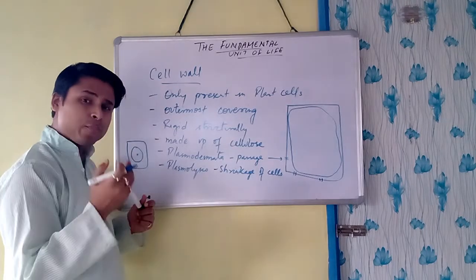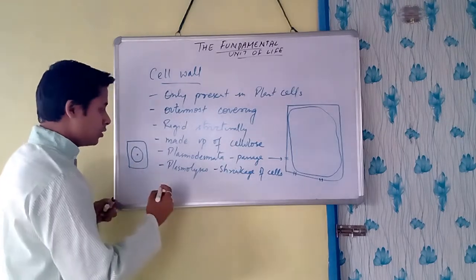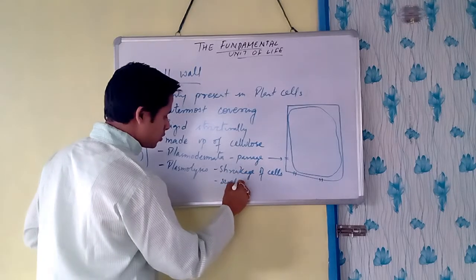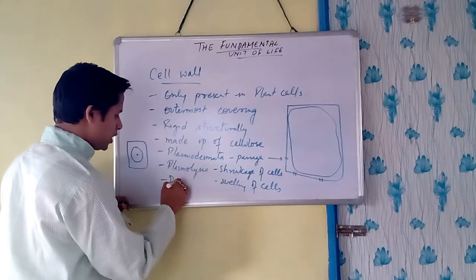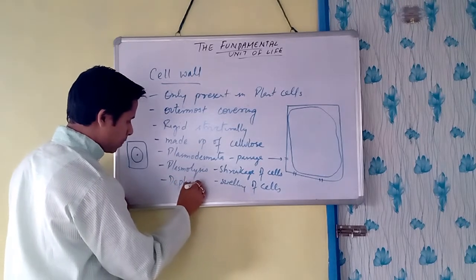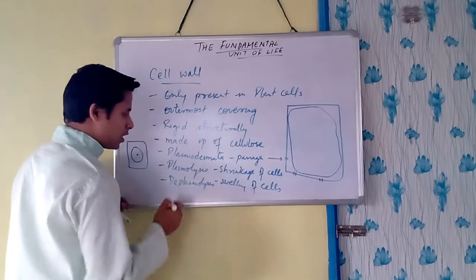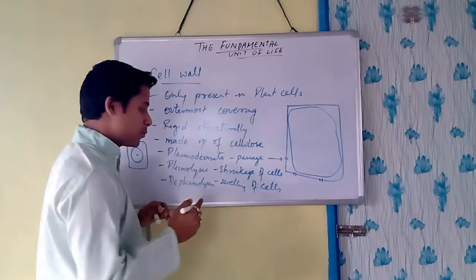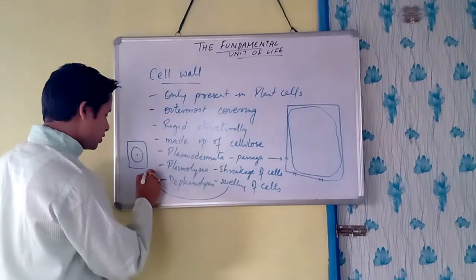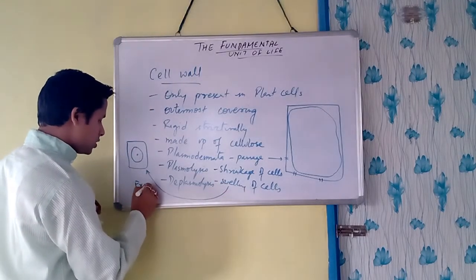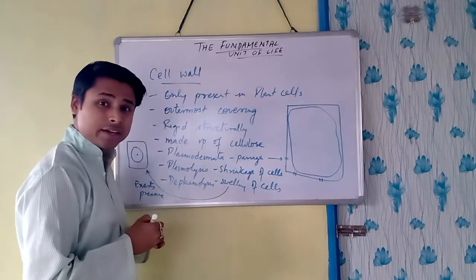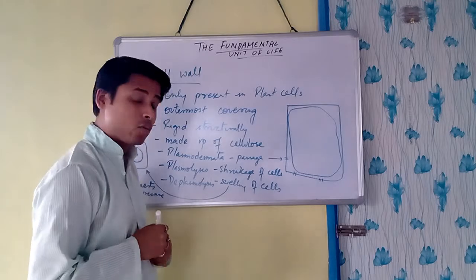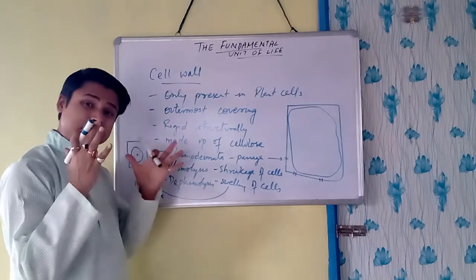This thing happens in the opposite way also. When swelling of cells takes place, this is what we call deplasmolysis. Due to swelling, the cell exerts pressure on the cell wall, but the cell wall remains as it is.